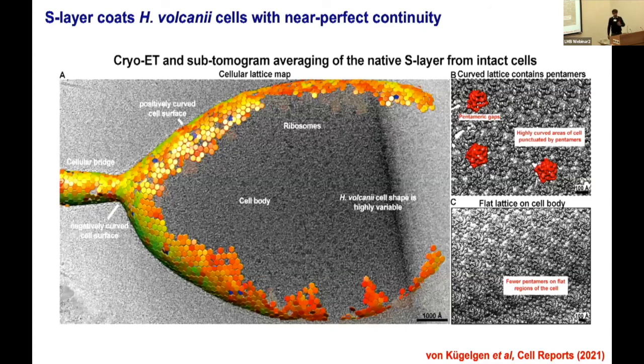It's not developed by us, it's developed by Mark Howarth, who was our colleague in Oxford. This SpyTag can bind to a SpyCatcher protein, and this SpyCatcher protein we can tag with different colored fluorophores. So it was the SpyCatcher protein with a fluorophore binding to the SpyTag. Thank you.